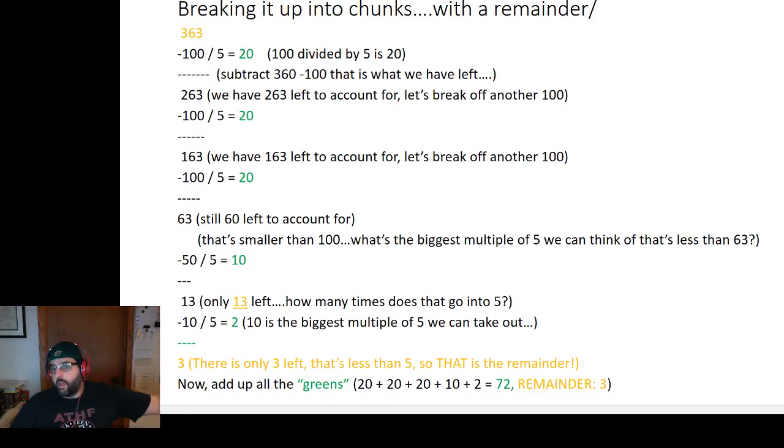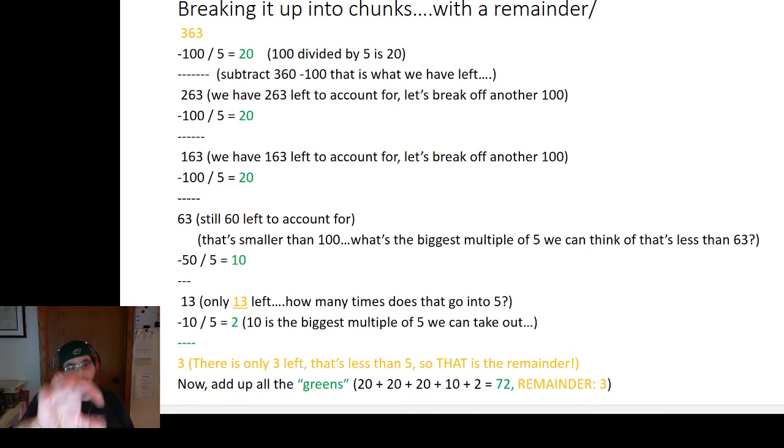Okay. 100 is bigger, so we still can't do it, but similarly as before, we say, well, what's the biggest multiple of 5 we can think of that's less than 63? We start with obvious things like, well, 5 times 10 is 50. Okay, let's take that out.